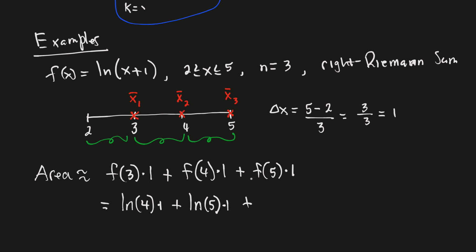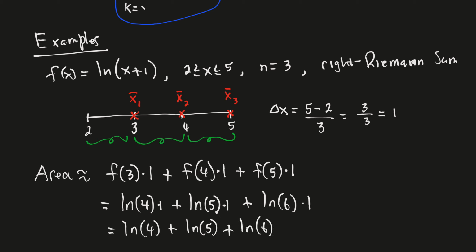And then finally, f of 5 is the natural log of 6 times 1. Now I really didn't need to write the times 1, so what this Riemann sum comes down to be is the natural log of 4 plus the natural log of 5 plus the natural log of 6.